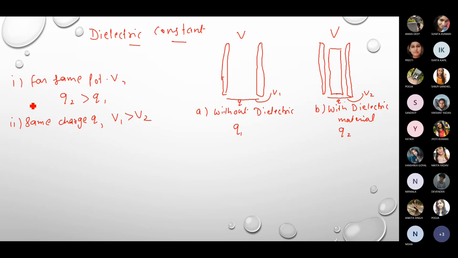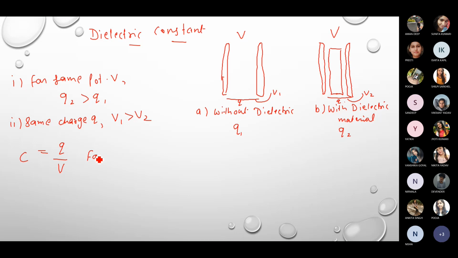So when a voltage V is applied across the parallel plates of a capacitor, let the charges on one of the plate be Q and on another plate be minus Q, right? Then the capacitor C is related to the quantity of the charges on either plate Q by Q upon V, right?